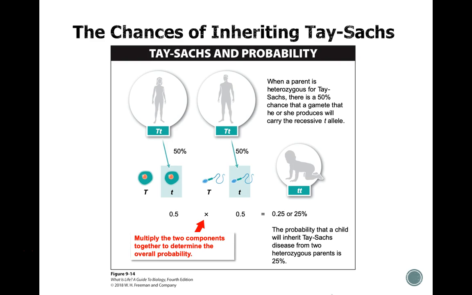So if they have 4 children, there's a 25% chance that one of them is going to have this allele. Now, that's not to say that their first child might not inherit Tay Sachs, because it's a 1 in 4 chance. Just like flipping a coin, there's a distinct possibility that they would have one child, and this one child would have Tay Sachs.